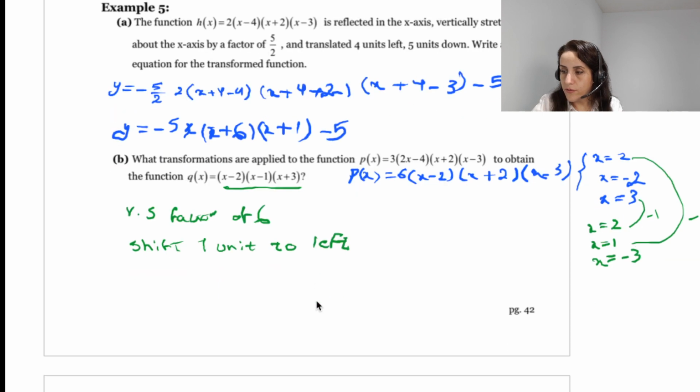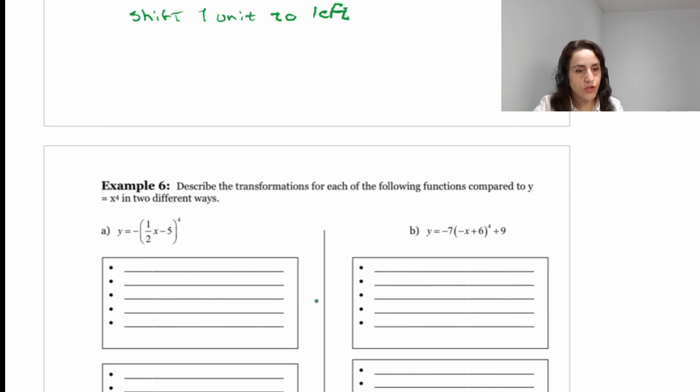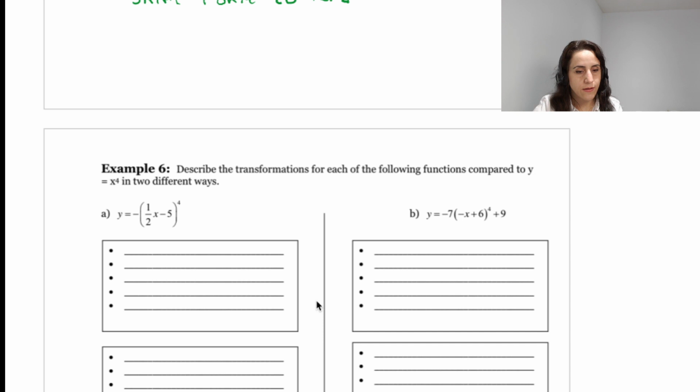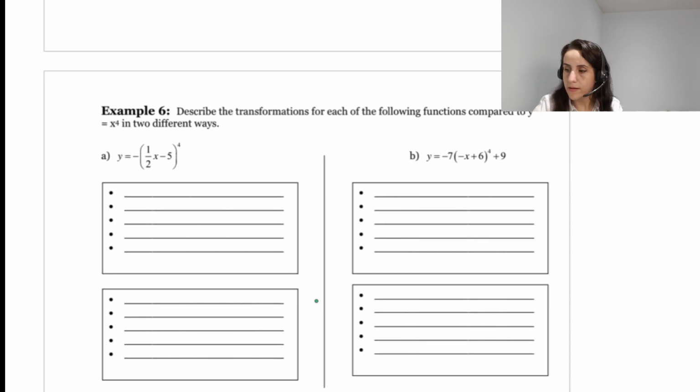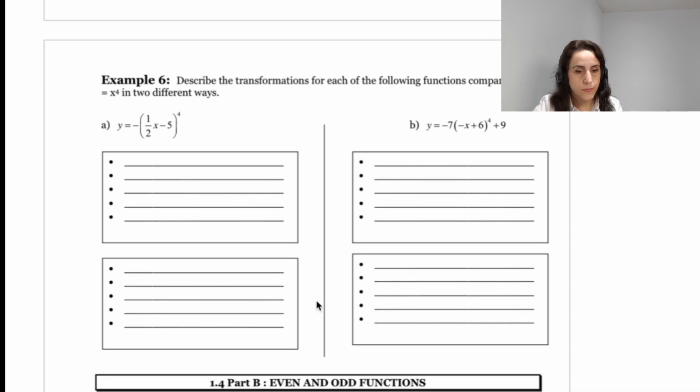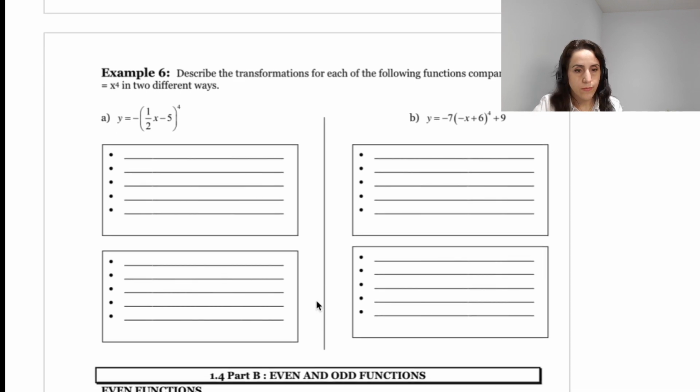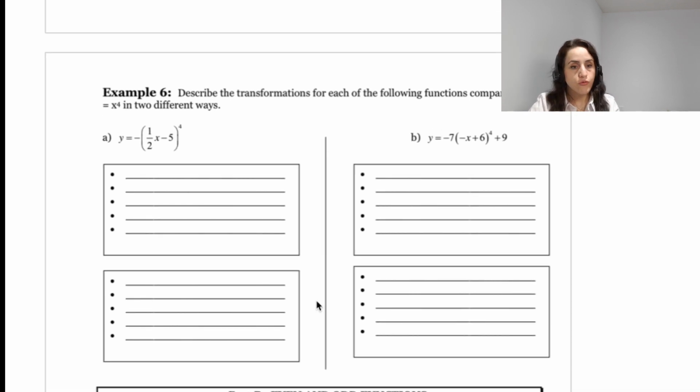Here, I'd like to go to the next question. There is another two examples for the transformation. We'd like to make sure that we know it. It can happen for odd degree or even degree functions.